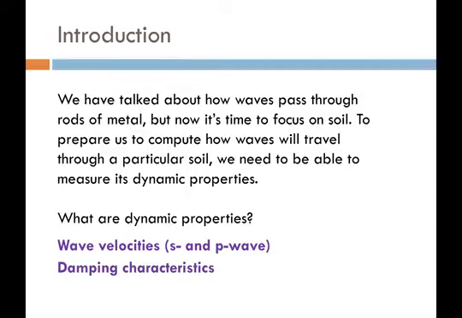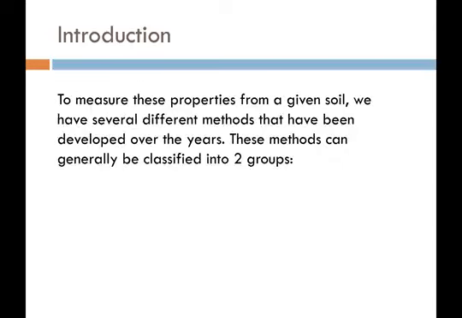The damping characteristics of the soil, what percent damping ratio are we talking about, as well as the moduli of the soil, so the shear and the constrained moduli. Those are the things that we're after when we talk about dynamic soil properties.